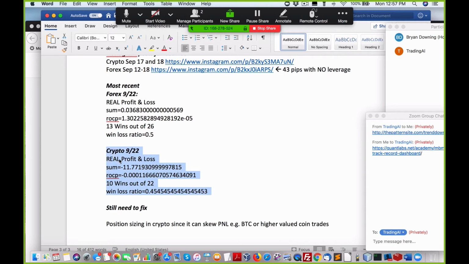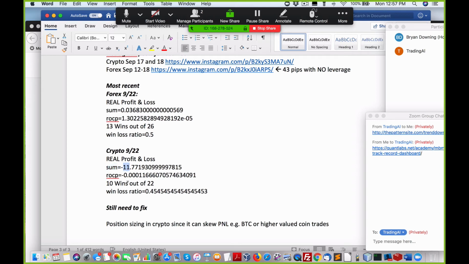I'll expect losses. It's impossible to get a 100% win ratio every day. Statistically, it's impossible. But you'd be pretty happy if you get above 50% from what I'm seeing, especially in this market regime. And as I said earlier, this is heavily skewed because of Bitcoin.